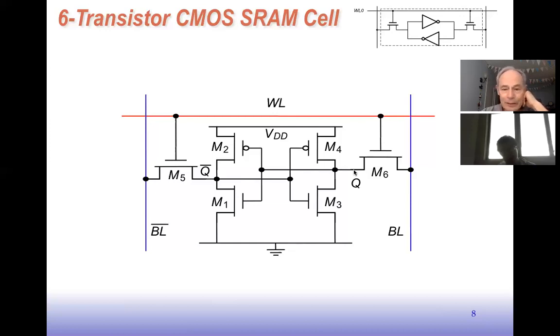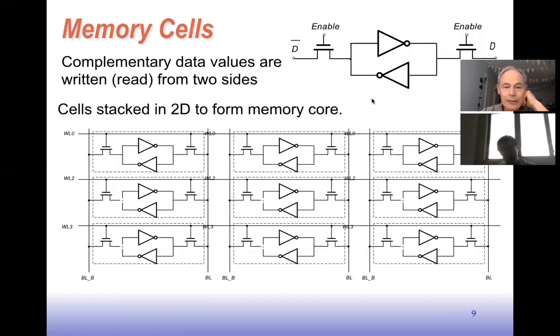Okay, this is how it looks if we put it into an array. The cells are stacked into a 2-dimensional array to form the core of the memory. So these cells here are common for one row, and these cells here are common for one column. So the cells in a column all share the same bit line, and the cells in a row all share the same word line, because we activate all the bit cells in a row together, and then each cell will send its value down on the bit lines.